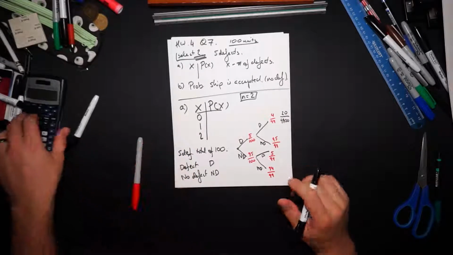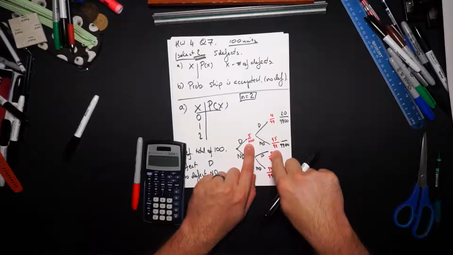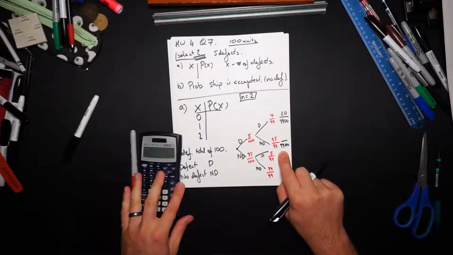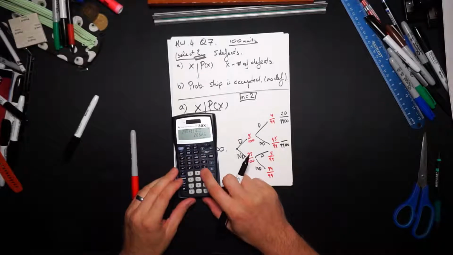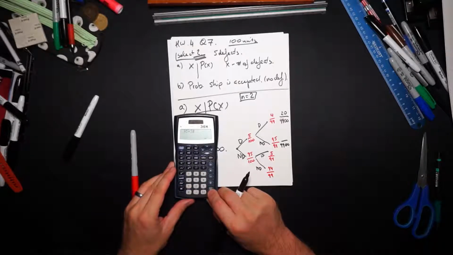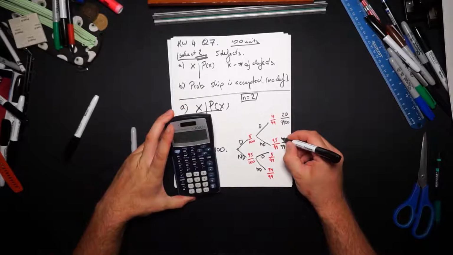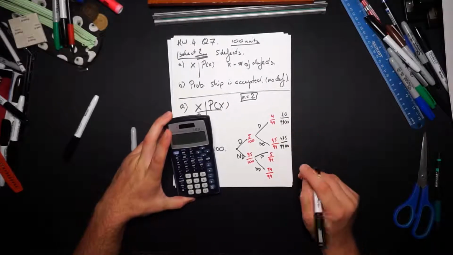Next one, still 9900, 100 times 99, and on top we're going to have 95 times 5, and that comes out to be 475.